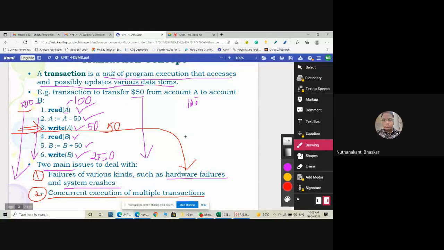But nowadays, we are performing concurrent execution of transactions. How? I will tell you. We are able to do it because the transaction management is good. At a time you are transferring through your GPay or PhonePe or any other application, money from your account to your different friends' accounts.